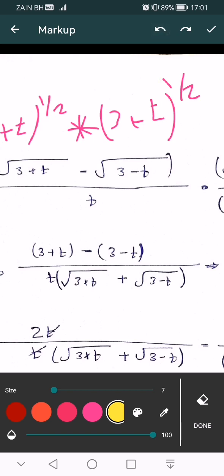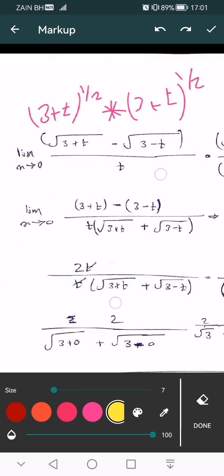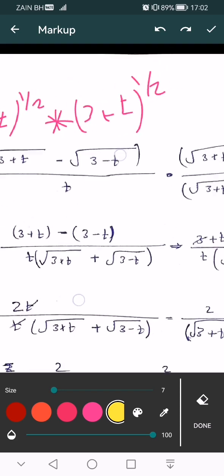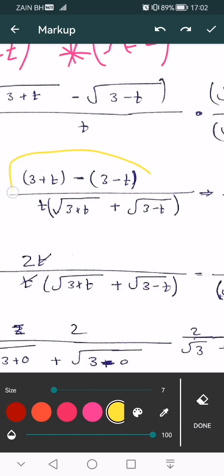So depending on that, you will find it is 1. Half plus half, I have a whole, that will be 1. Okay, so I reach this one.